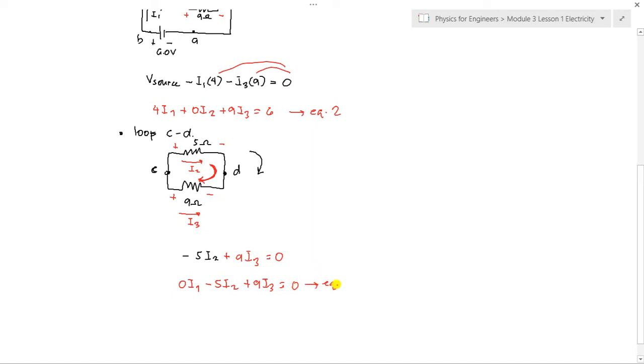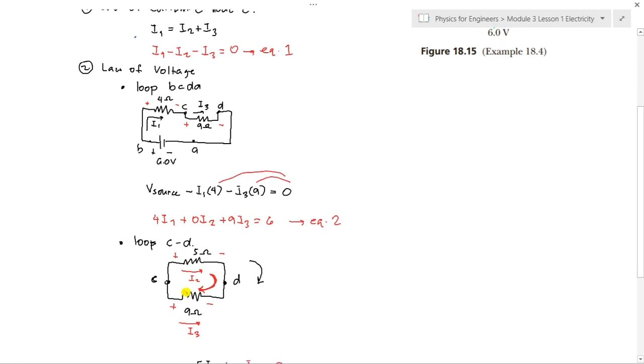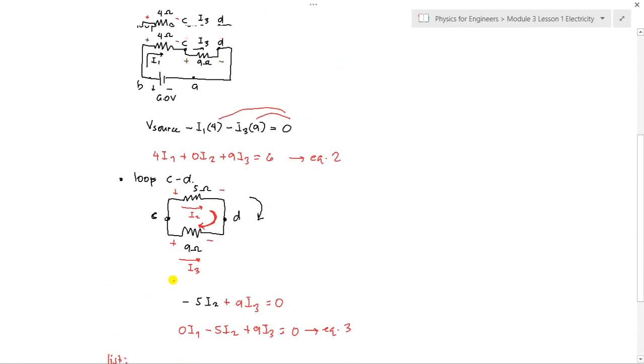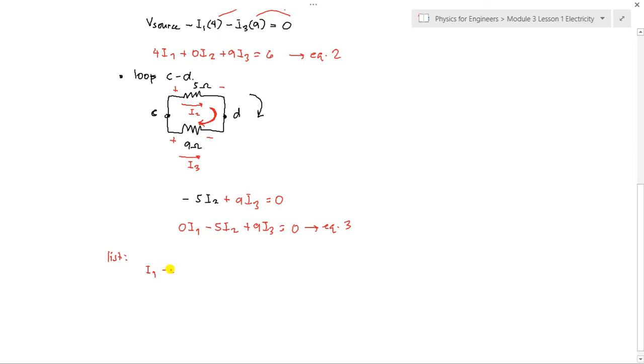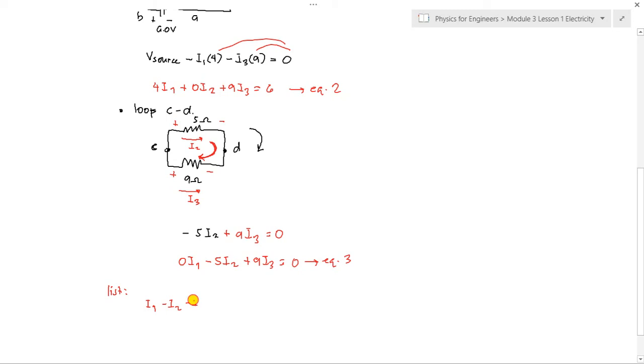So we have 3 equations and 3 unknowns. So let us list them. The first one is I1 minus I2 minus I3 is equal to 0.